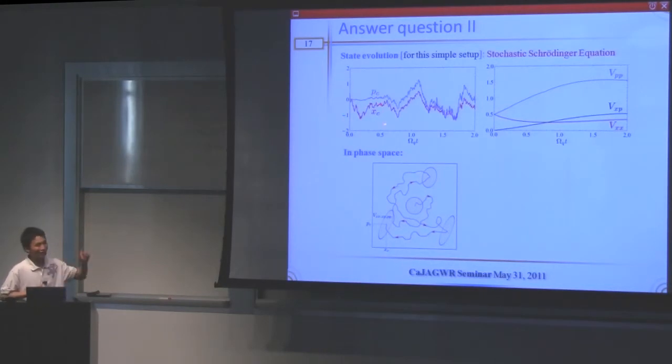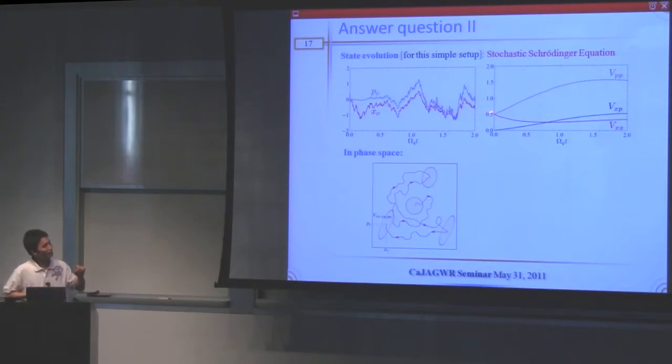And then the plot I show here, it's the red line. You get a random mean position. The mean of the position is random, and also the mean momentum is random. But for the variance, it starts with the same initial vacuum ground state. So position and momentum have the same uncertainty.